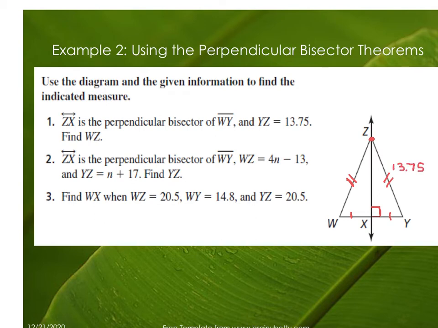It wants me to find WZ. I've already labeled it with congruency marks. By using my perpendicular bisector theorem, I know that WZ is equal to YZ, so this side is also 13.75, because they're both equidistant from that point on the perpendicular bisector to the endpoints.